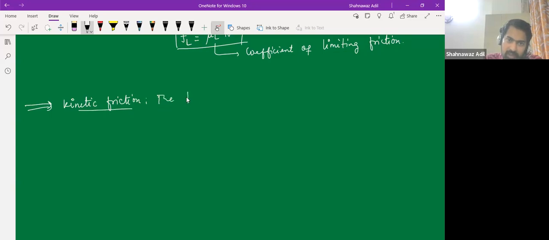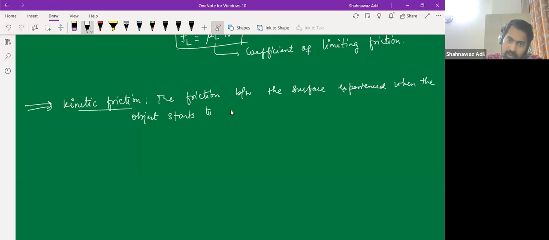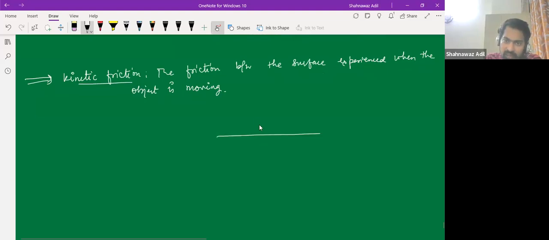It is the friction between the surfaces experienced when the object is moving. So let's say you have this object, and it is moving with some acceleration or velocity or whatever.